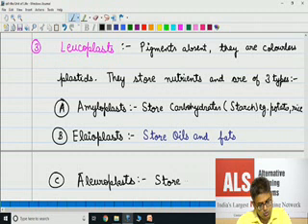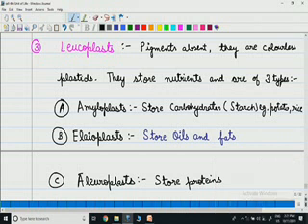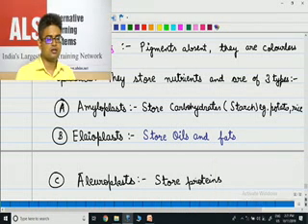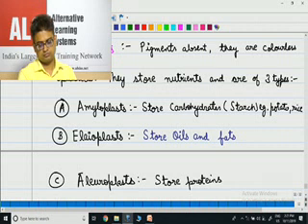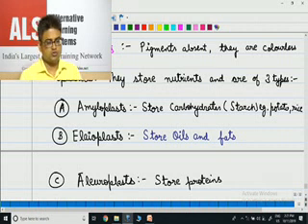Wherever proteins are stored, they are stored in aleuroplasts. They have protein granules. All right, so these are the three types of plastids.